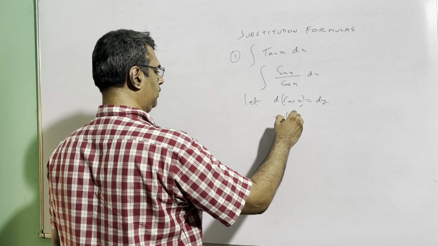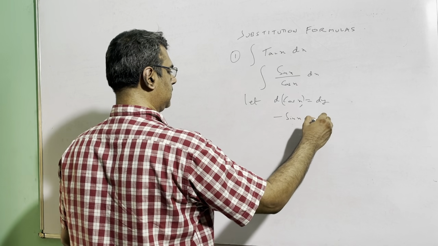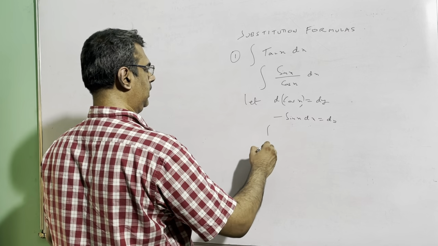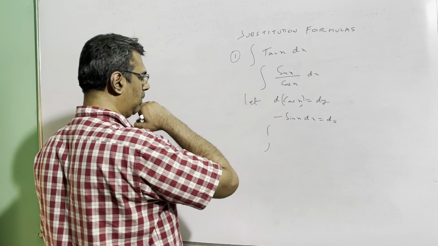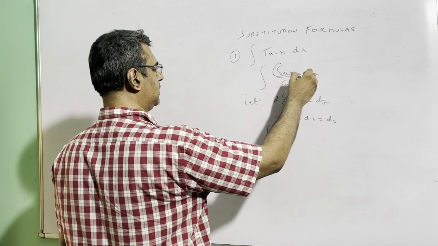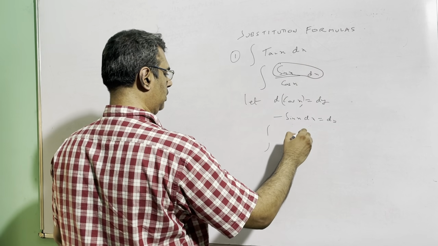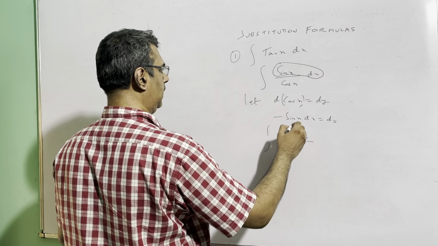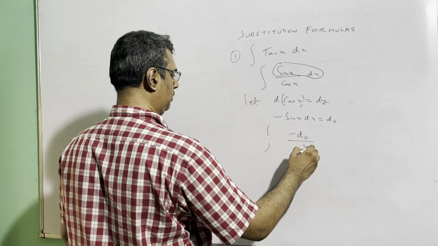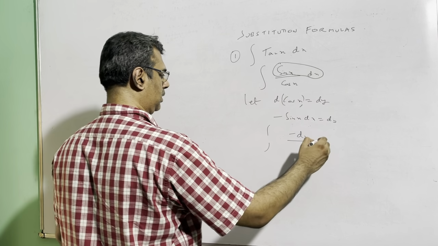What is the derivative of cos x? Minus sin x, and this will be how much? dy. So this sin x into dx, you can replace with minus dy, and the denominator will become y because the denominator is cos x.